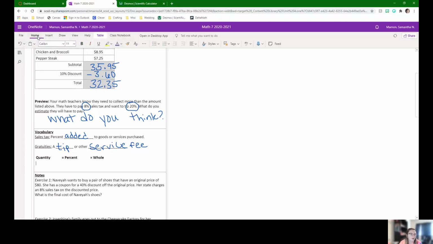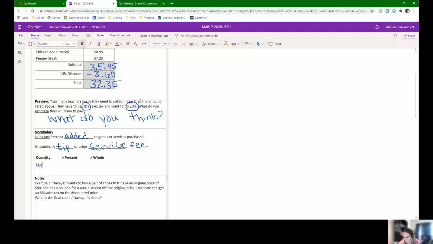If we want to relate this back to our quantity equals percent times whole formula, for tip, the quantity is going to be the tip amount. The percent is whatever that tip percent is. So if you want to tip 20%, or 25%, or you want to be really generous, 30%, whatever that percent is.